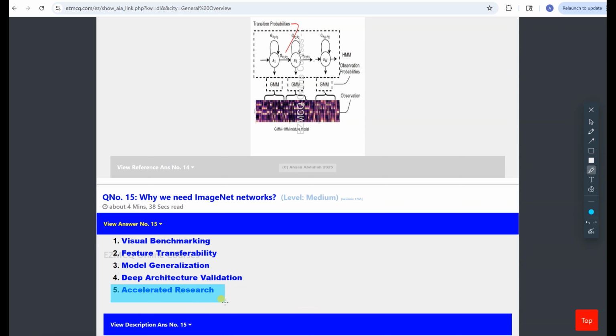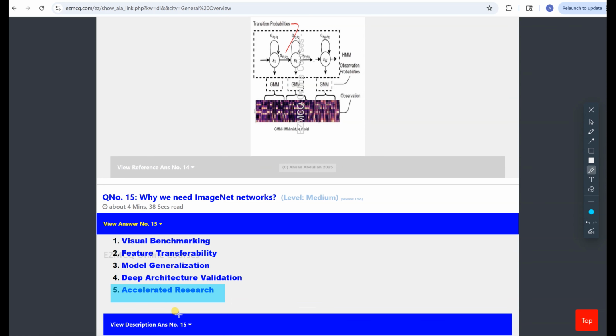And of course, that accelerates the research. Why? Because there is a large labeled pre-trained data set, which helps in faster experimentation and reduces the time to gather massive data sets.